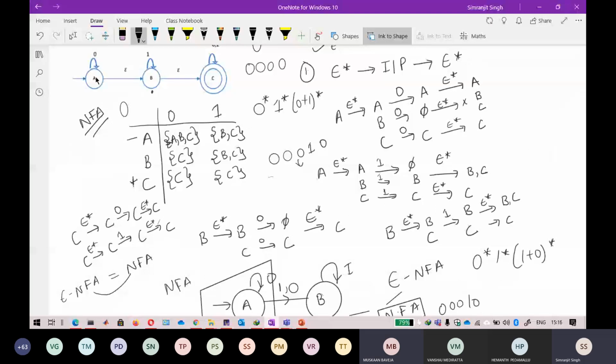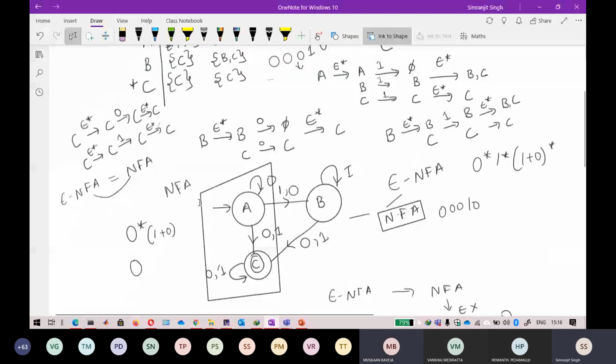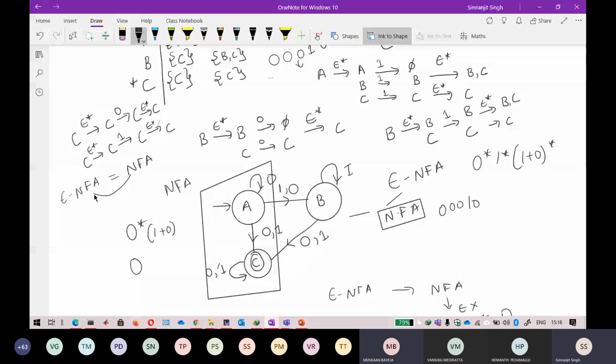From A it can generate any number of zeros, from B it can generate any number of ones, then it can reach C. So it is the same as saying that any number of zeros can also be generated by this. After that, in the final state, any number of zeros and ones can be generated by this also. Okay. So you have to check that both of these are accepting the same language. So that is the equivalence here.